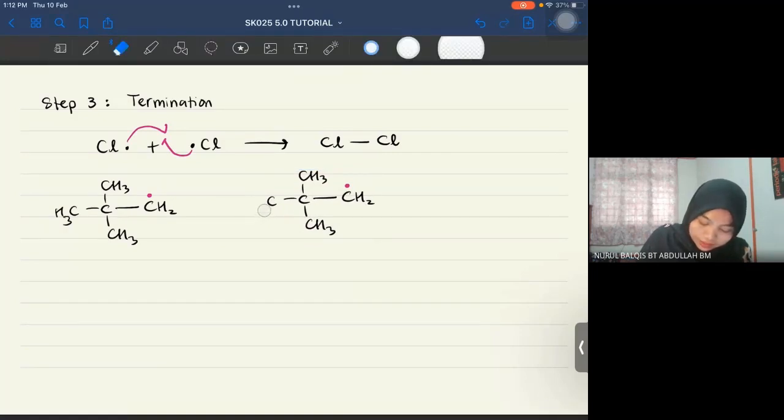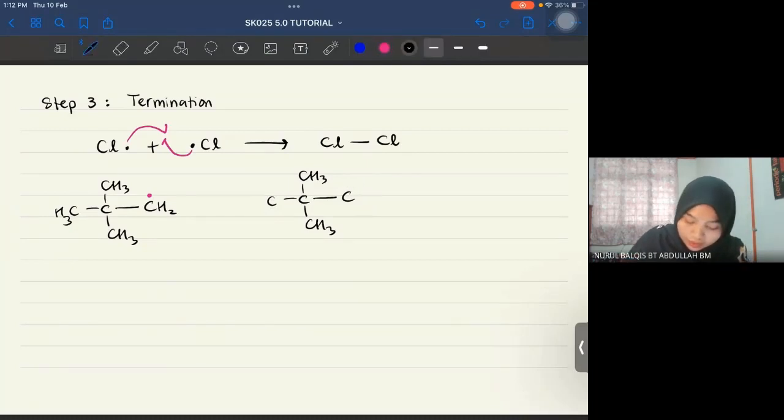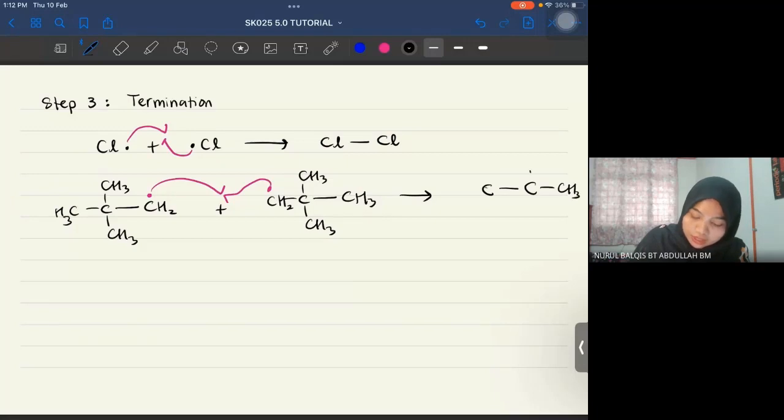Kita ada di CH2 dengan CH3, CH3, CH2. So we have this radical. Make sure to put plus in between them. And then we have these to pair up. Lastly, you will form a new bond between them. C, C.